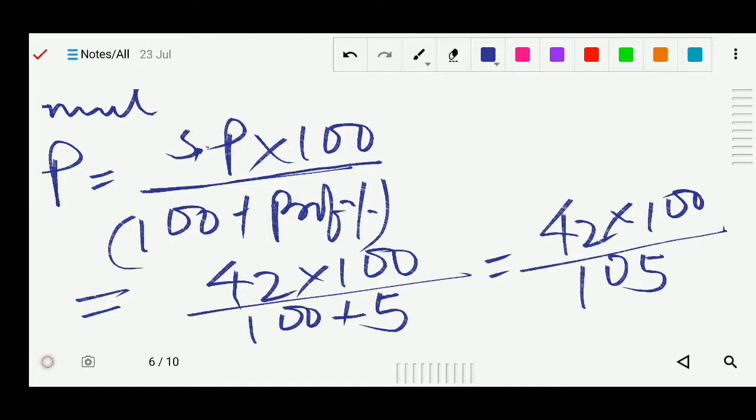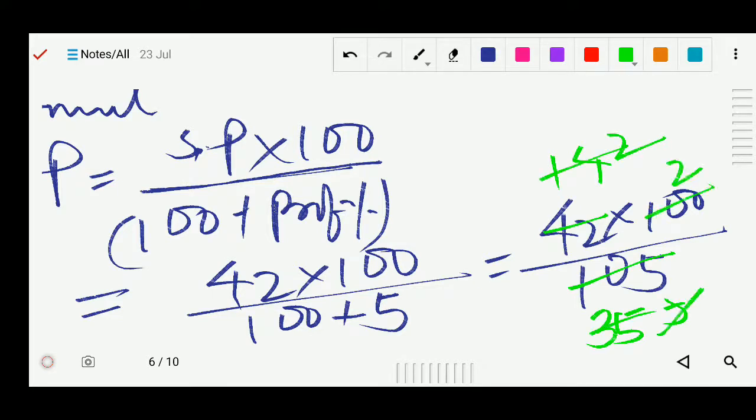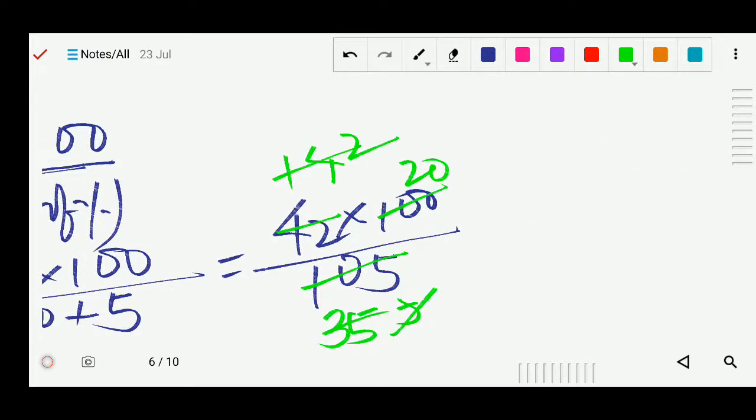Now you can solve the same equation. Here 3 threes are 9, 3 fives are 15, 3 ones are 3, 7 twos are 14, 7 fives are 35, 5 fours are 20. Now 20 into 2, so what is the answer? 40 rupees.